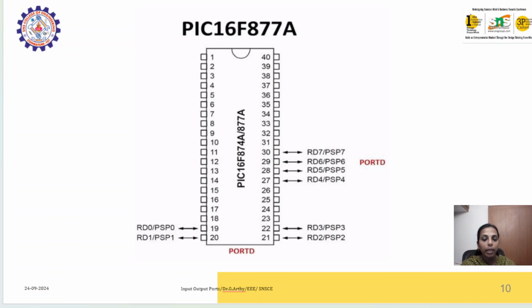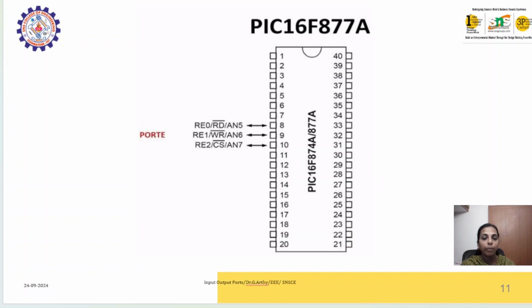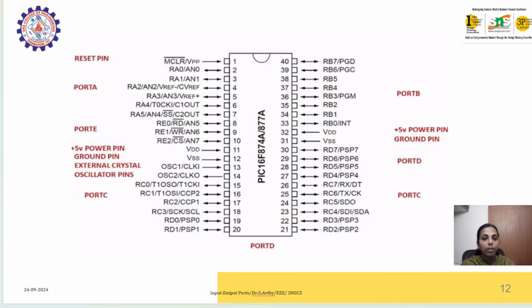Altogether it is again an 8-bit port. Then port E is a 3-bit port, where pin numbers 8, 9 and 10 act as port pins. This complete structure shows, if we want to access an IO port, what are all the necessary signals or connections to be given.